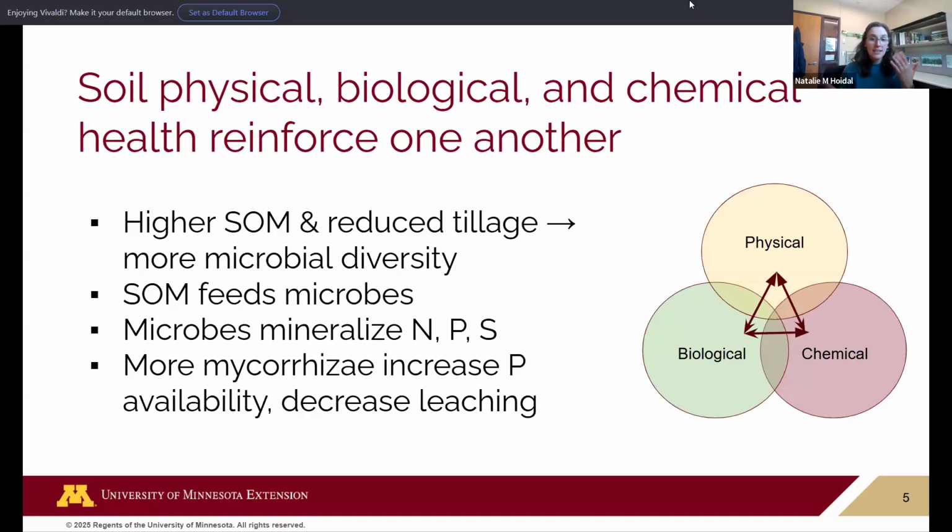They mineralize nitrogen, phosphorus, sulfur, other types of nutrients. So they take those nutrients that are bound up and make them available to plants. Things like mycorrhizal fungi can, again, make nutrients available to plants. They can decrease the loss of nutrients in the soil. So these things are all very connected.